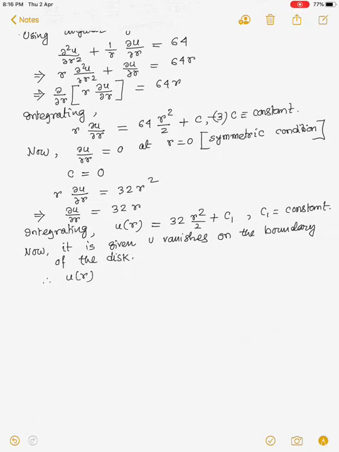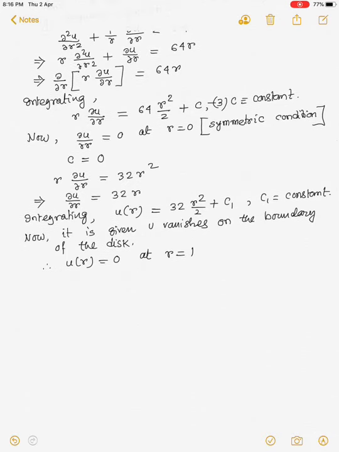Therefore, we have the condition u(r) is equal to 0 at r is equal to 1.